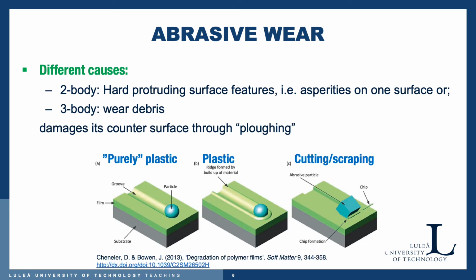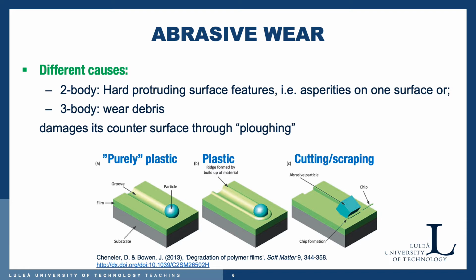And there are different types of plowing, and here we see three examples taken from a paper by Scheneler and Bowen from 2013. In the first picture, A, we have a purely plastic type of plowing, where the material just sinks in underneath the hard ball and a groove is generated as it slides along the surface.